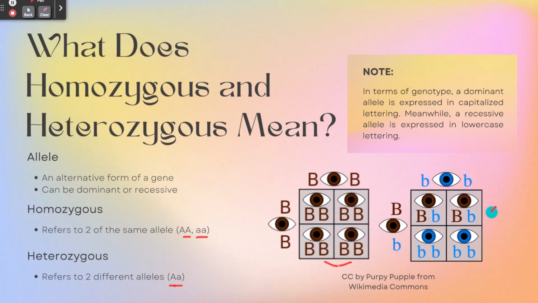The ones that are big B, little b are, I'm sorry, not homozygous, heterozygous, while the little b's are homozygous. In my notes here, I put that in terms of genotype, a dominant allele is expressed in capitalized lettering. Meanwhile, a recessive allele is expressed in lowercase lettering.